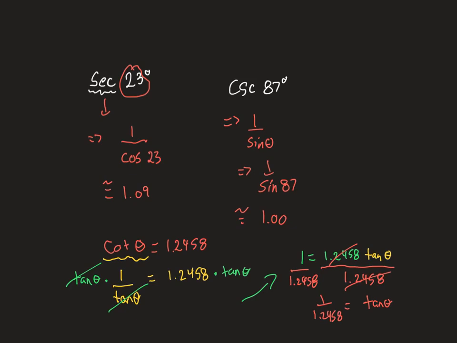The second you have it at this stage, so I'm going to rewrite it over here just so we can have some room here. So tan theta is now equal to 1 over 1.2458. To get theta by itself, you need to take the tan inverse of this number.